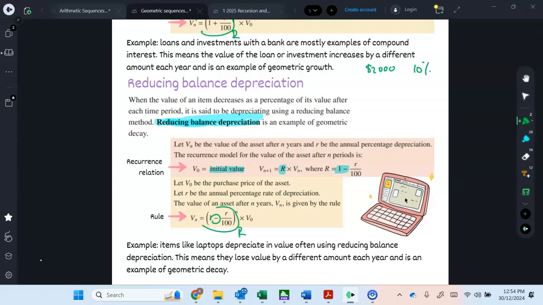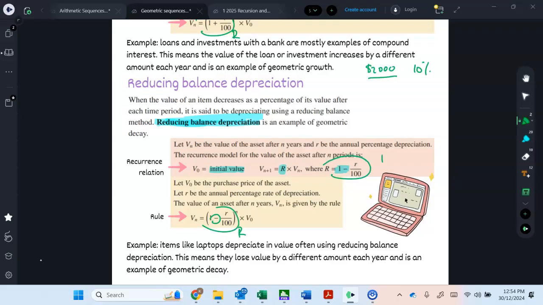Now, let's think about what that actually would be. Think of your phone battery. If you lost 10%, how much would you have left? 90%, yeah? You got 90%. So you've got 90% of this value, 2,000, each year. Well, it's going to change because it changes each year. So that's where that is used to calculate.